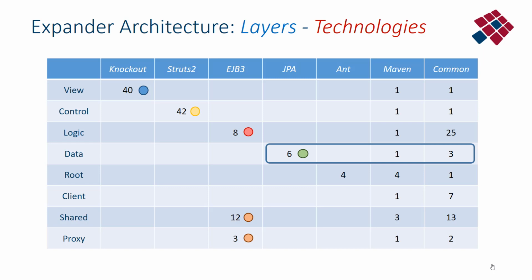So for instance, on the expanders of the data layer. If we look at it, there are 10 expanders in the data layer, six which are dependent on JPA, one on Maven, and three on the common technology.